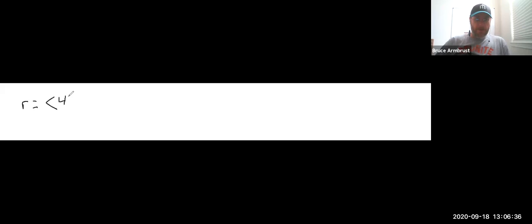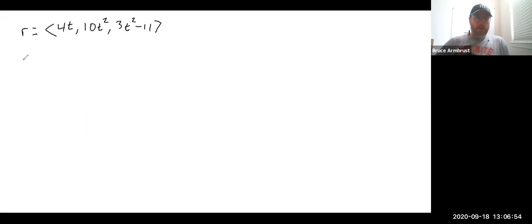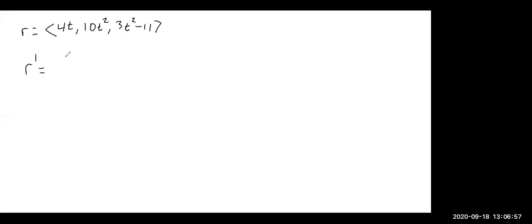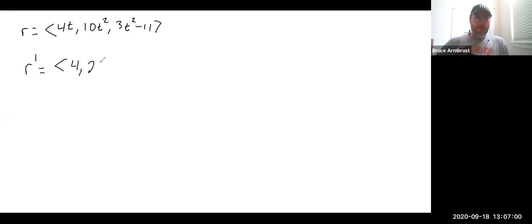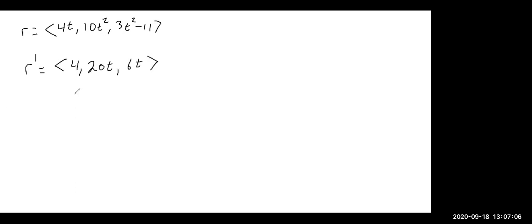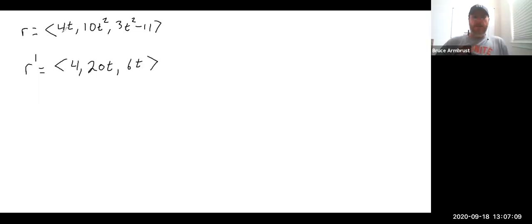Okay, so we've got r equals 4t, 10t squared, 3t squared minus 11. All right, so there's r. So let's get r prime. R prime is 4, good, 20t, good, 6t. All right, so we got 4, 20t, and 6t. So again, just differentiating each of those things individually. Boom, we're done. So now let's dot these guys.